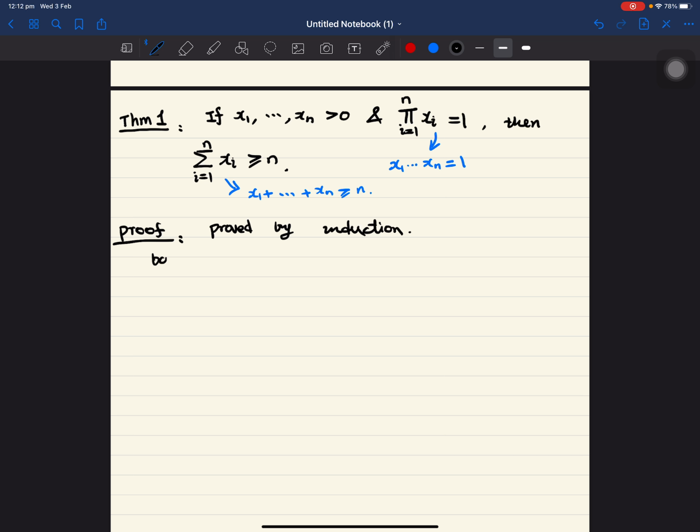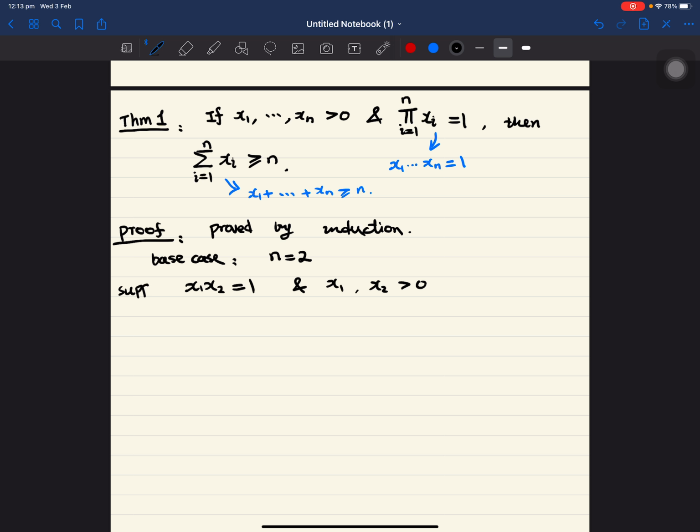So the base case is n equal to 2. Then by assumption we have x1 times x2 equal to 1, and x1, x2 greater than 0.